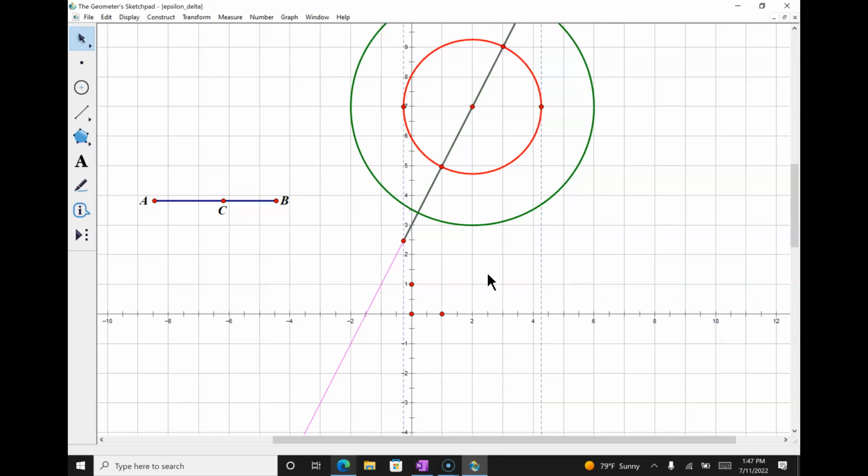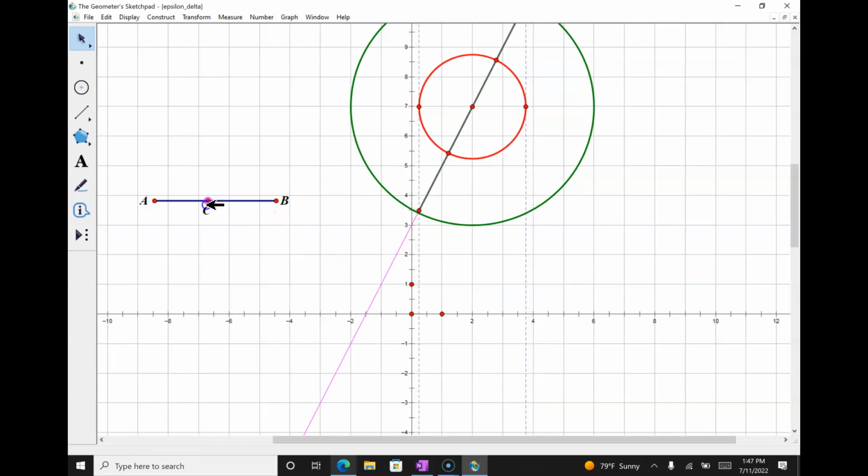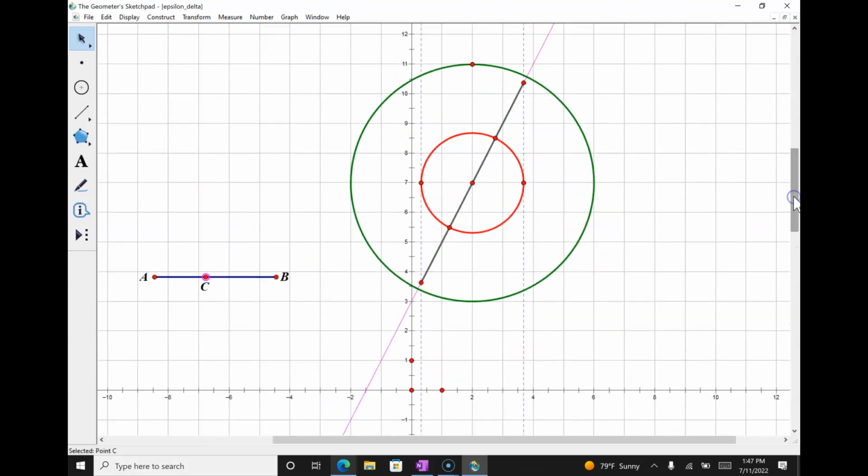But if I pick it to be epsilon over 2, so if I cut this thing in half, or even better, now look at this point. Look at the dark green line, right? Does every point on that dark green line fall inside of the target itself? Not the bullseye, the target. Yes.